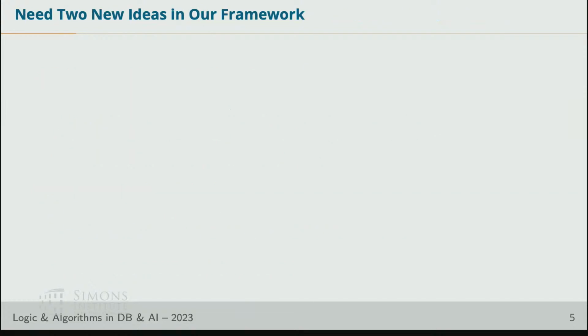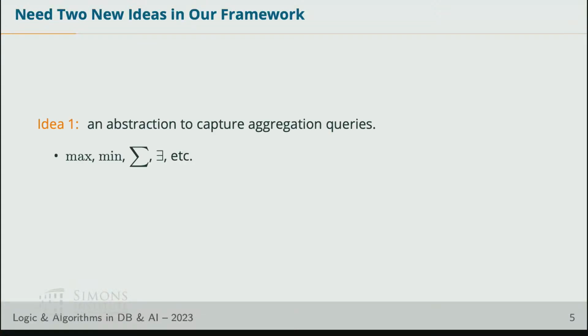So we basically need two new ideas in the framework. Idea number 1 is that we have to introduce an abstraction to deal with aggregation queries. Because you saw an example of counting the number of paths, but in real databases, you will see min and max and summation and existential quantification and so on.